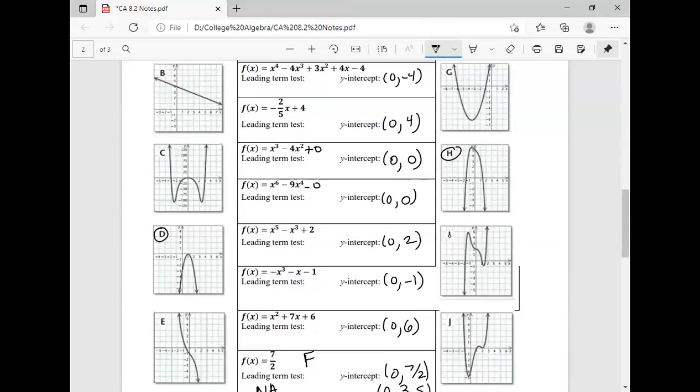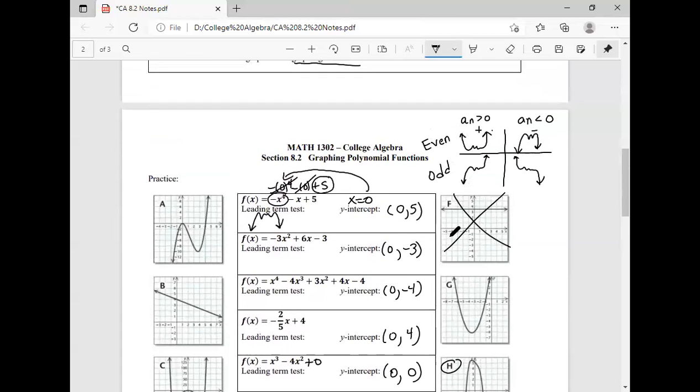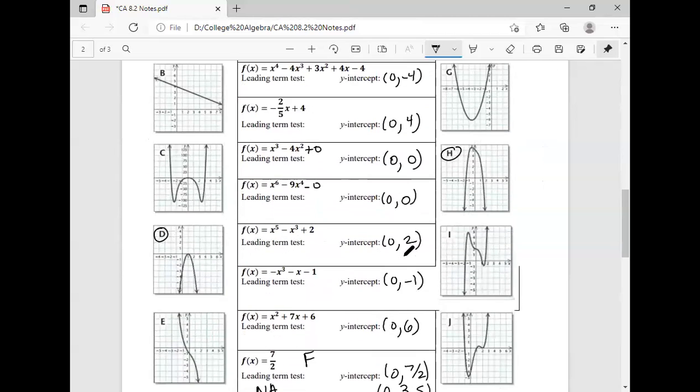So wait, did I go all the way back up? No, yeah, 0, -3. So this one looks like 0, 5 is the y-intercept. This one does look like it's 0, -3. D? That y-intercept is at 0, -3. Y'all okay with that?